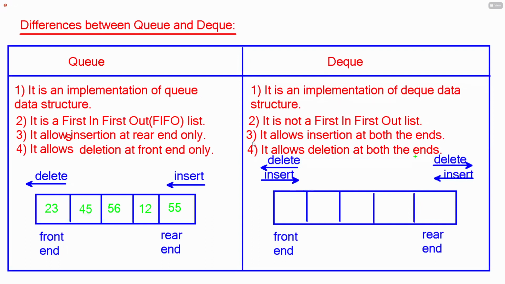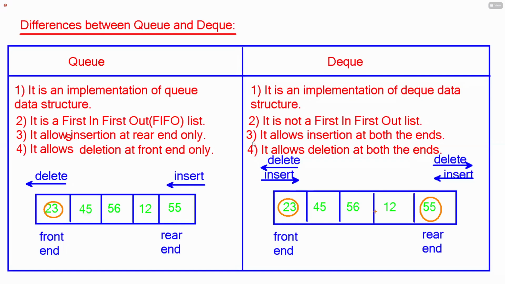Now here, suppose I insert one element, 23, then 45, then 56, 12, and 55. I inserted them. Now if you want to delete, in the queue 23 only can be deleted.